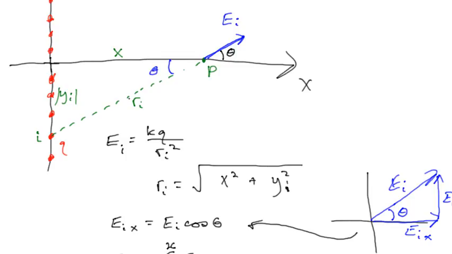So the cosine of theta from analyzing this triangle here is equal to, no, I'm sorry, x, the adjacent, divided by R sub i.